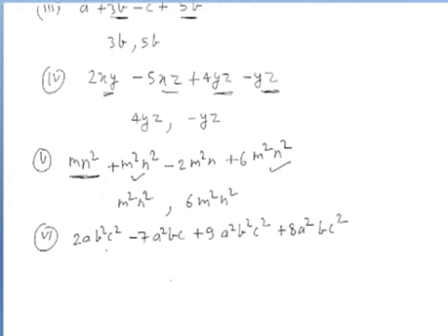Okay, so here ab square c square, and no other terms are similar; a square bc is also not similar with this, and a square b square c square, so here there are no like terms. These are unlike terms, so no like terms.